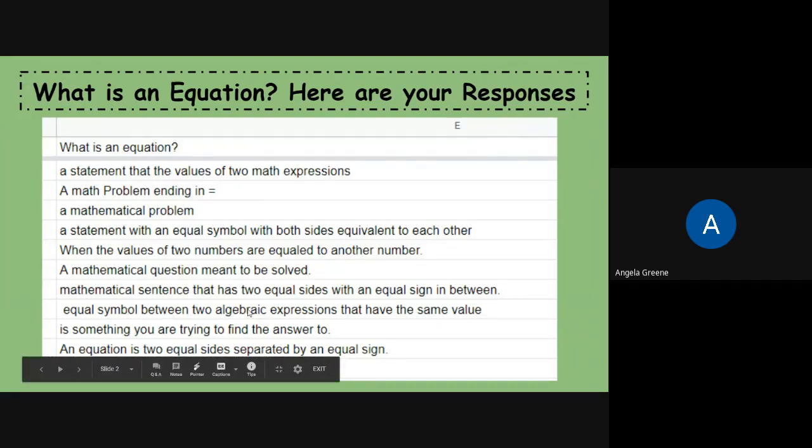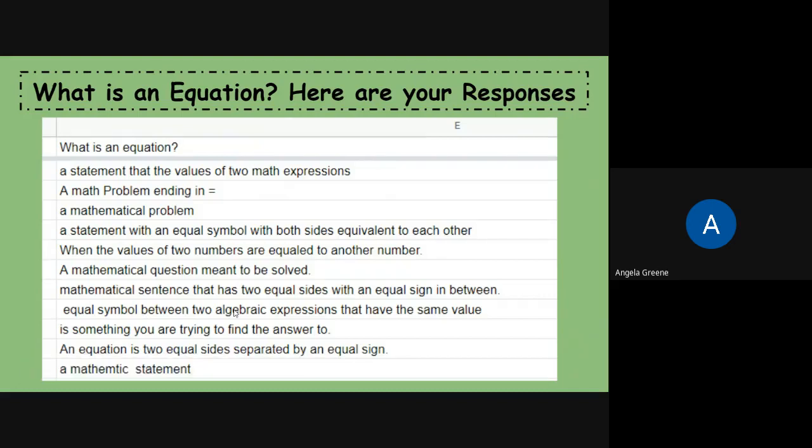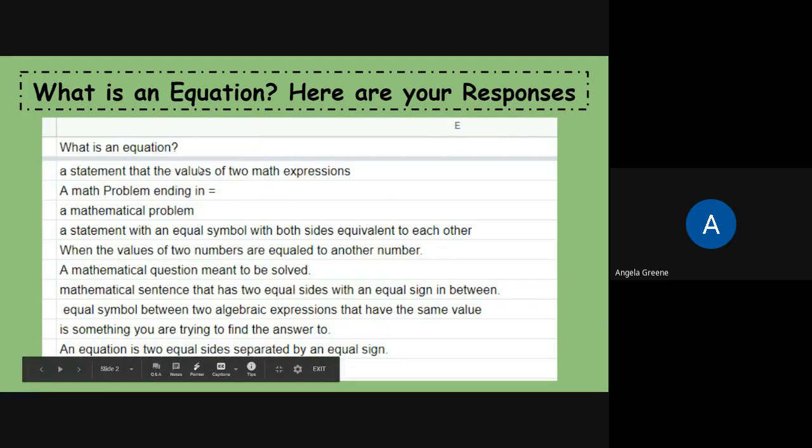An equal symbol between two algebraic expressions that have the same value. I really like that definition because it does hit basically everything here. So an equation is a mathematical statement. It is going to contain two expressions. And most importantly, an equation will always have an equals.